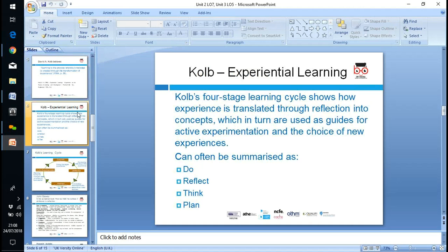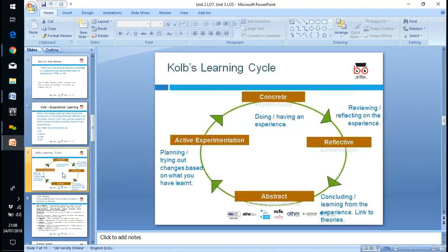So if we've already covered Kolb, you'll have gone through the 4-stage learning cycle. Concrete, doing our experience. Reflective, reviewing, reflecting on the experience. Abstract, concluding learning from the experience, linked to theories. And active experimentation, planning, trying out changes based on what you've learned from your reflection.